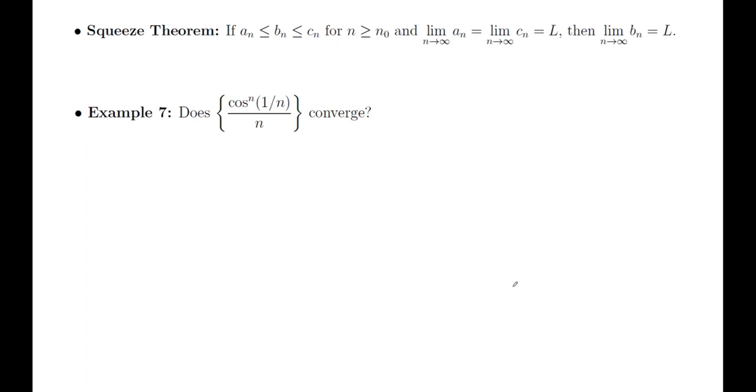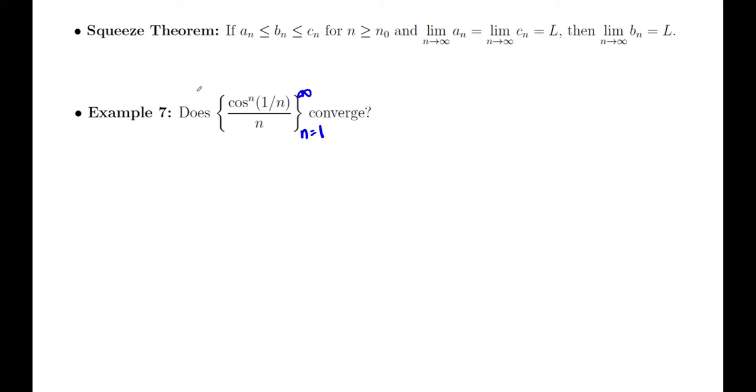All right, so I wanted to show an example of the squeeze theorem and how that can work. So here in example 7, we've got this sequence. Just a little reminder here, see how nothing's written, okay? But if nothing's written, I know it starts at 1 and then goes to infinity, right? So if they don't write it, we know that that's where it's going to start.